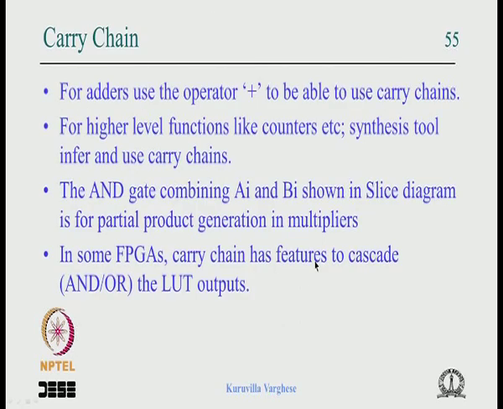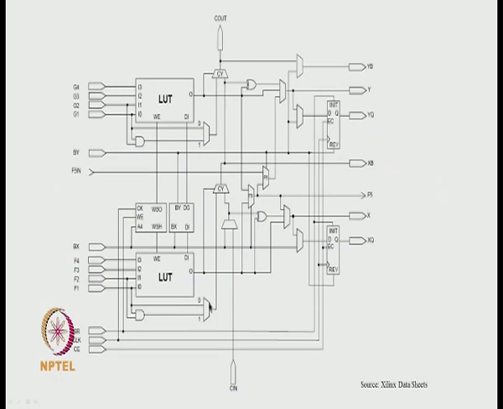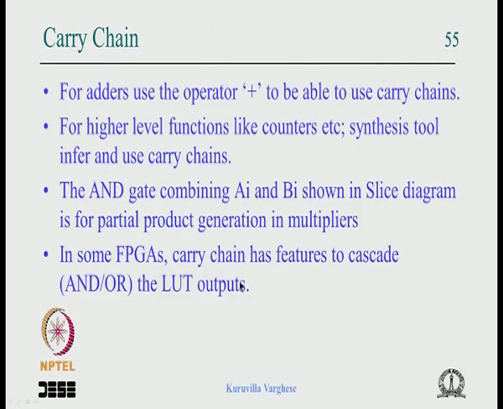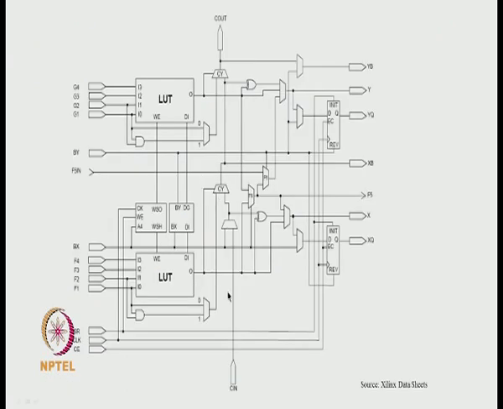And the advice is that if you use a plus operator, the tool will pick up this carry chain and use it. You don't have to write the equation for the ripple adder or anything like that. In fact, if you do that, it will not get mapped into the carry chain. It will use two lookup tables.